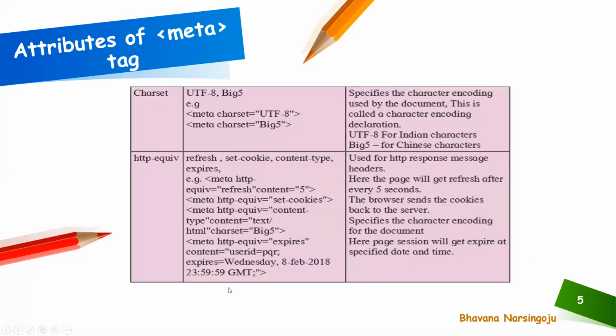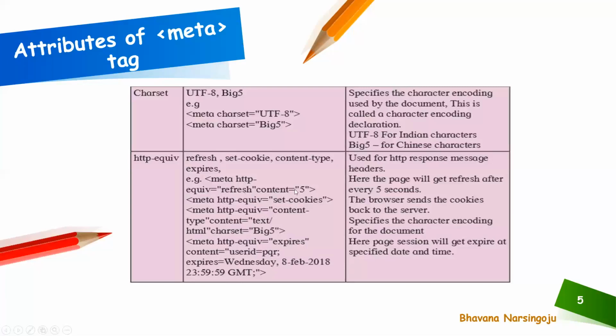So accordingly here you can have an example. Meta http-equiv, with refresh content 5, then set-cookie, content-type, text/html, charset Big5. As I said, it will be for Chinese characters. And if you want an expire session, you see here refresh content 5.